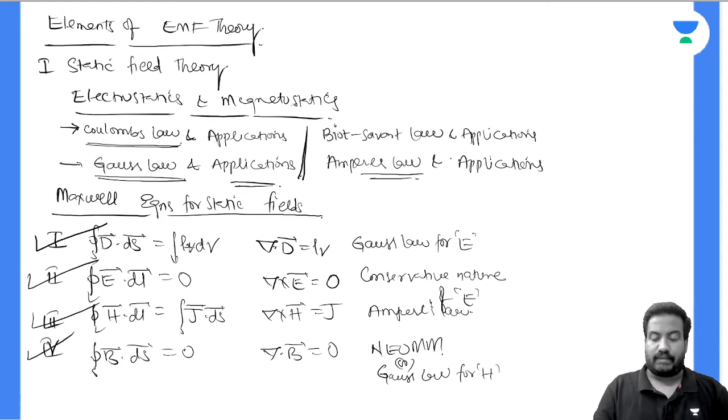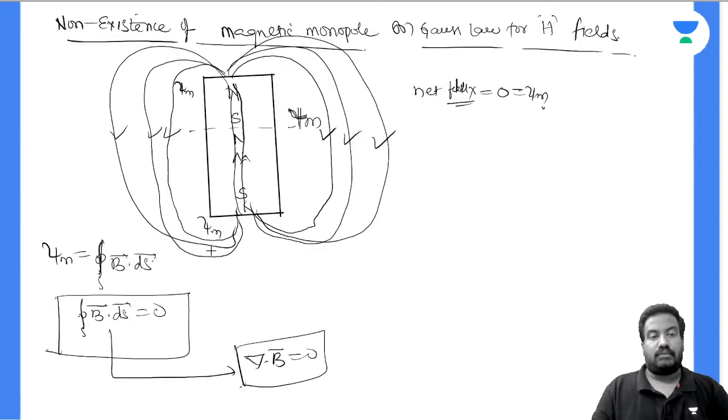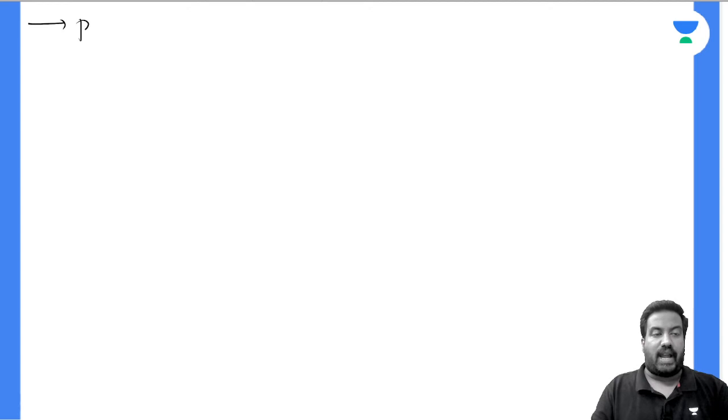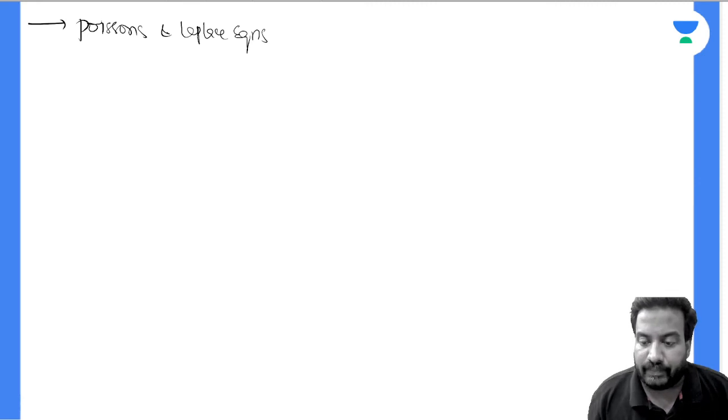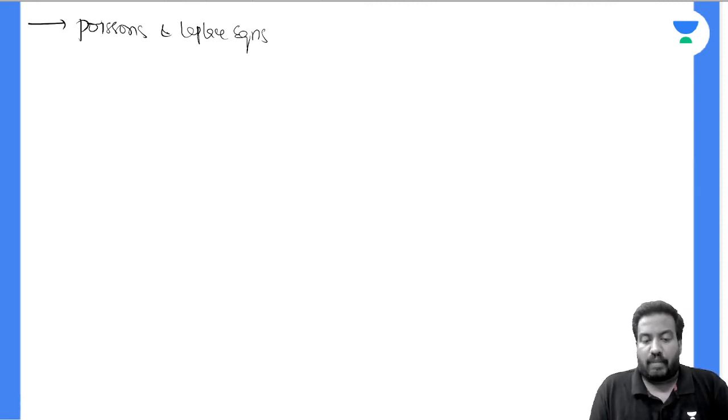Other than this, in static field theory, we have derived Poisson's and Laplace equations. In Poisson's and Laplace also, dear, we have done some wonderful problems. Some very good problems we have done, dear. Please go through the playlist.